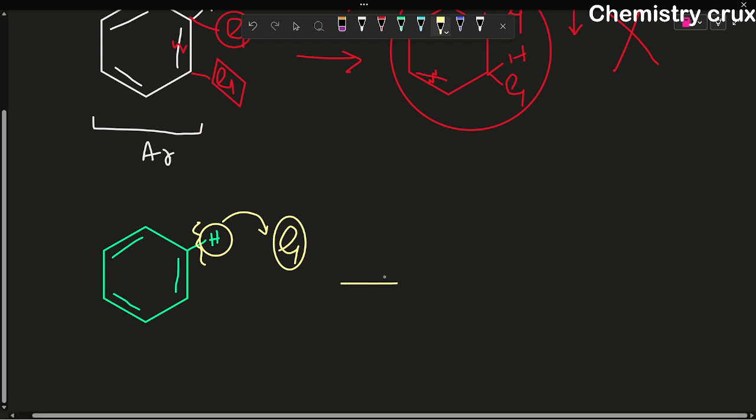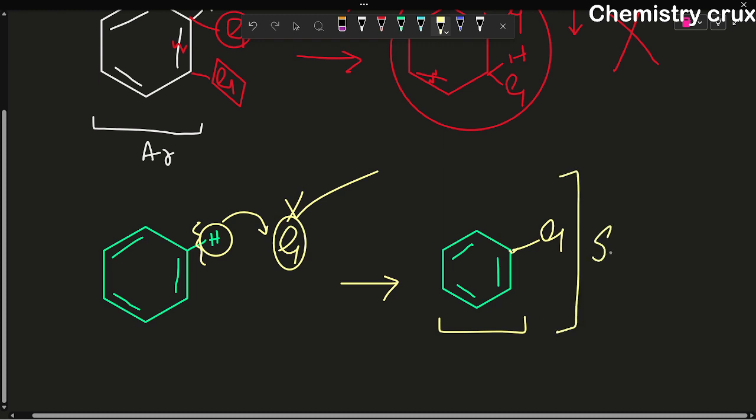So as a result we get something like this. Let me show it in the same colors in order to make you completely understand what's going on. So a group is attached here. Now you can see this H has been substituted by this group, and we have a compound in which aromaticity is still present. So you can see this reaction is a substitution reaction.